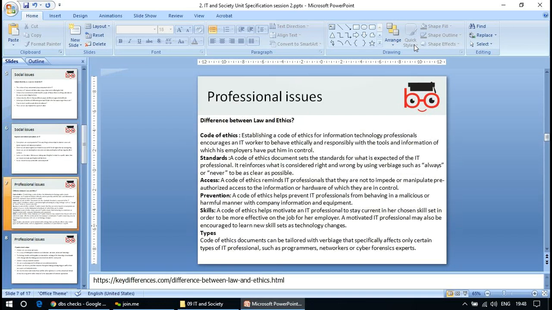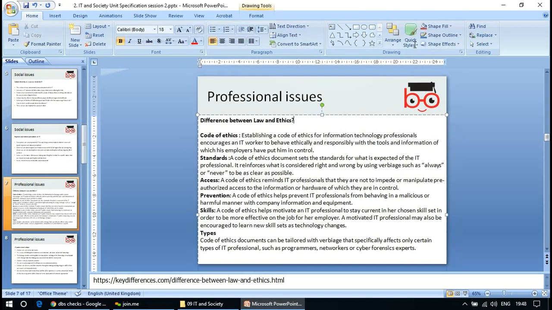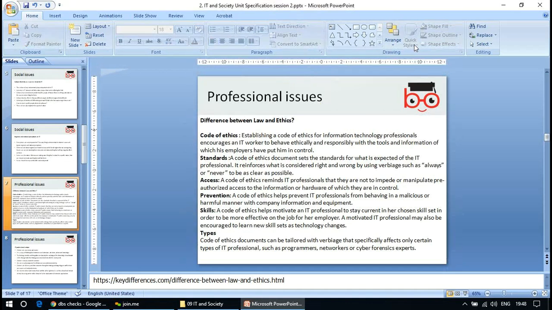Now, you must have heard about ethics. Do you know the difference between the law and ethics? The law is you have to do it, don't you? Yeah.